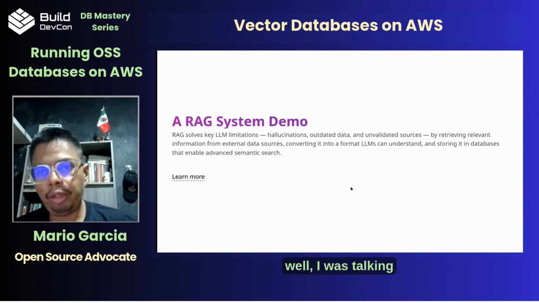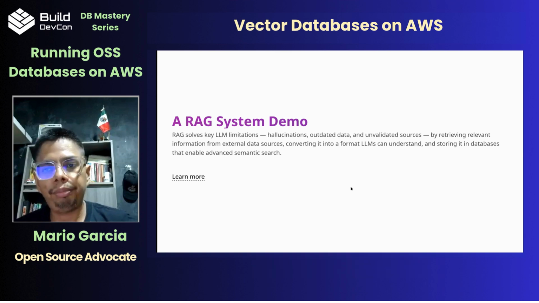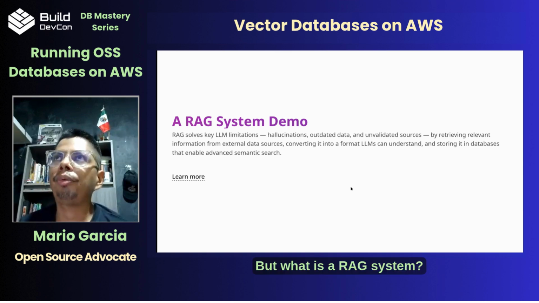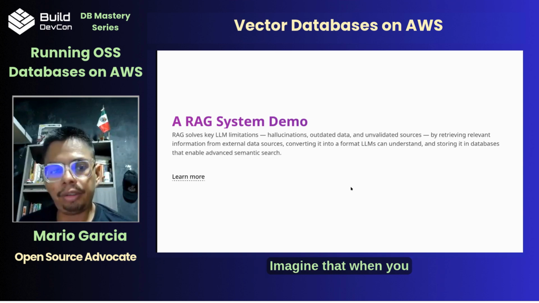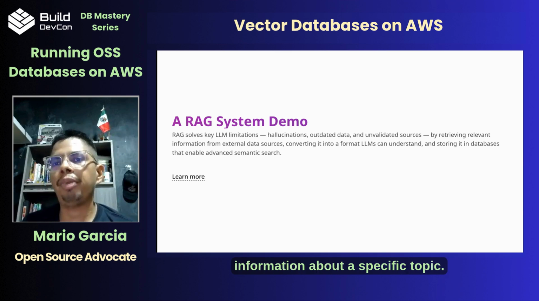And well, I was talking about RAG systems before, but what is a RAG system? Imagine that when you use an AI application, we request information about a specific topic.